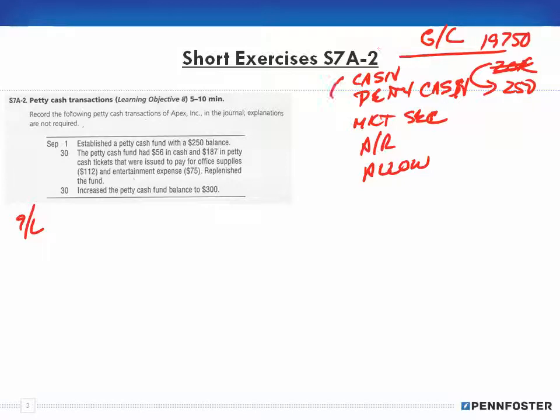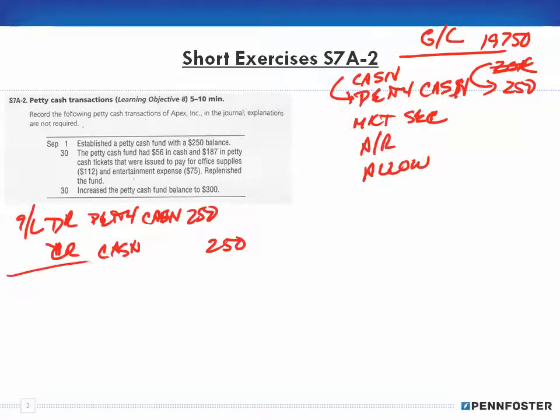We're going to make that journal entry, and that's what 9.1 is, to establish the petty cash fund. Our cash is decreasing, so I'm going to credit cash for $250, and debits must equal credits, so I debit petty cash for $250. So that's 9.1.